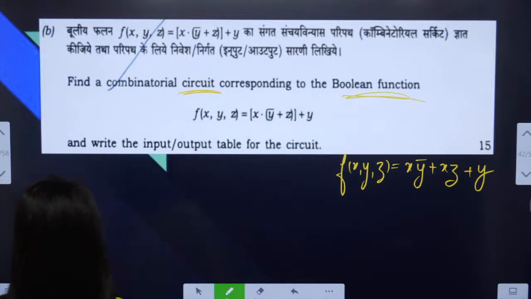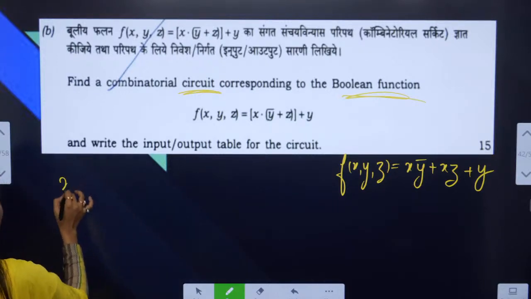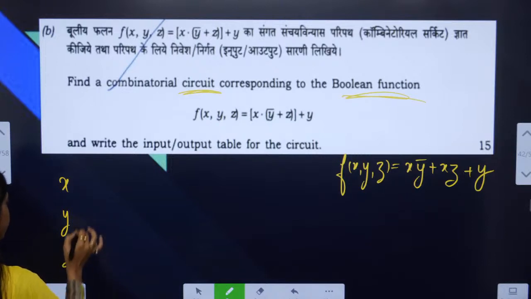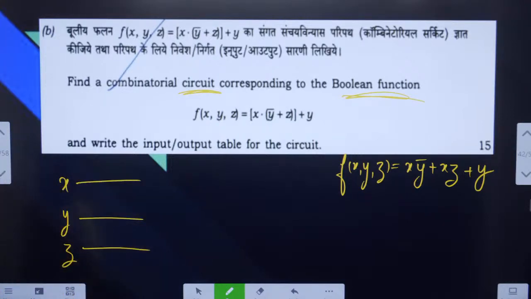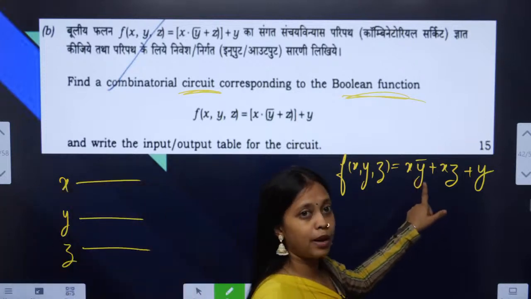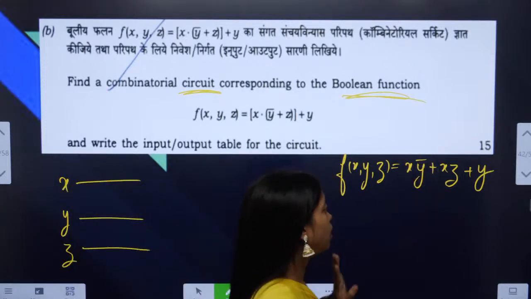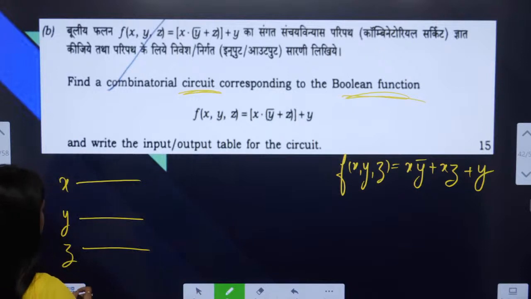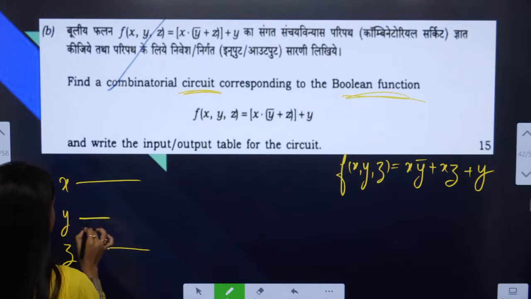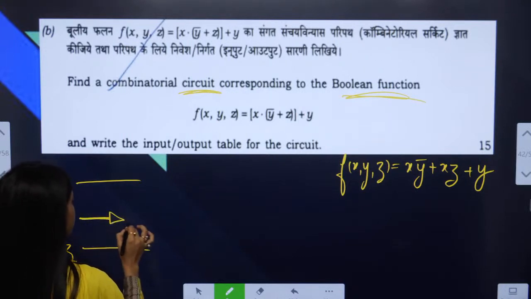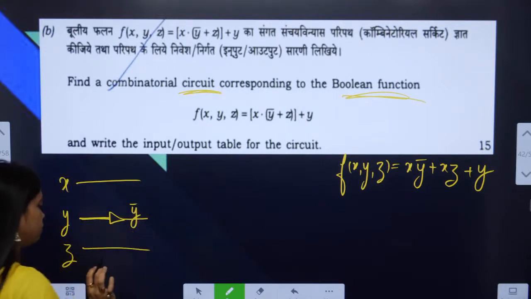So this is simply: start with the inputs x, y and z. Now I want to multiply x and y prime, so let us change it to your y dash.